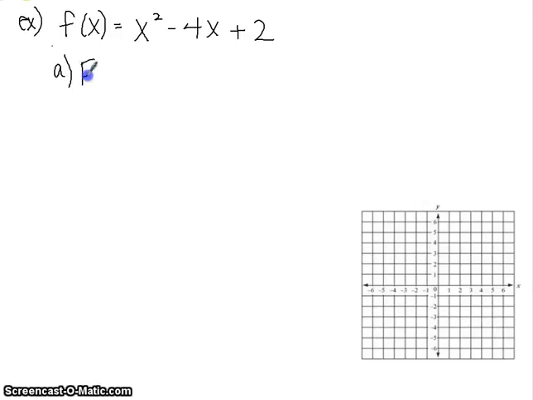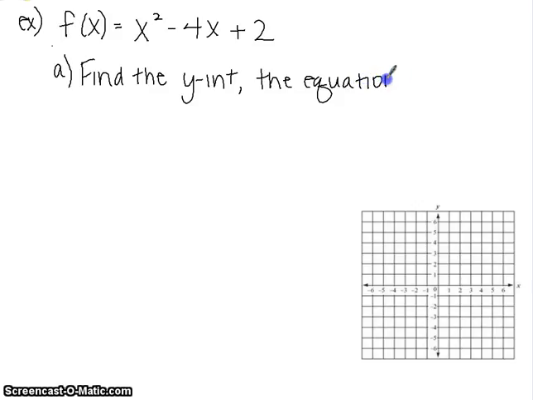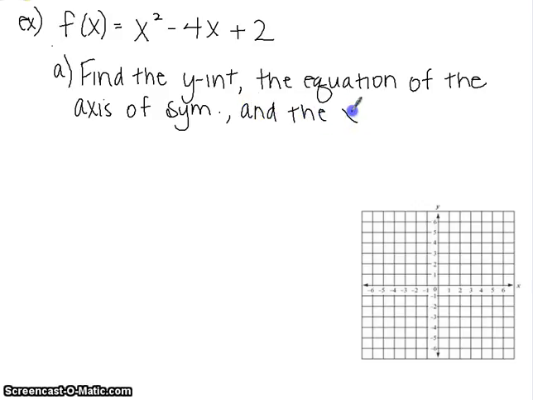Part A. We want to find the y-intercept, the equation of the axis of symmetry, and the x coordinate of the vertex. It's a lot of information, but we can find that all relatively quickly, actually.